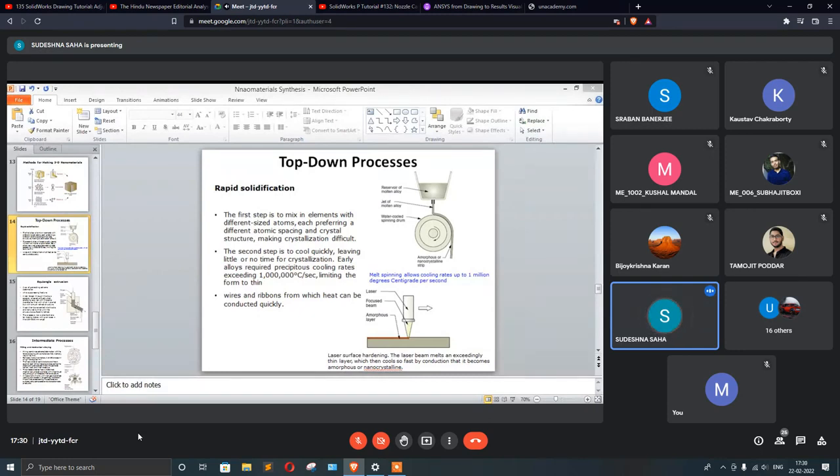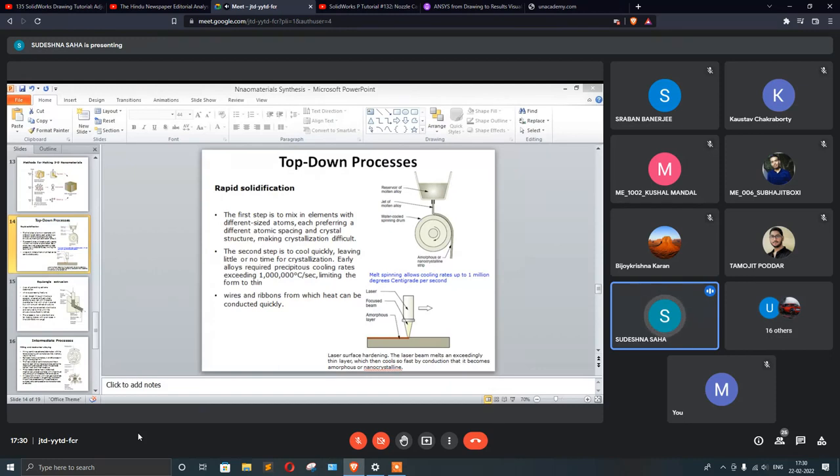Now why is it important that we make 3D nanomaterials, or rather bulk nanostructured solids? All of you know that sometimes materials get their properties due to deposition of something or incorporation of certain nanomaterials into their structure.